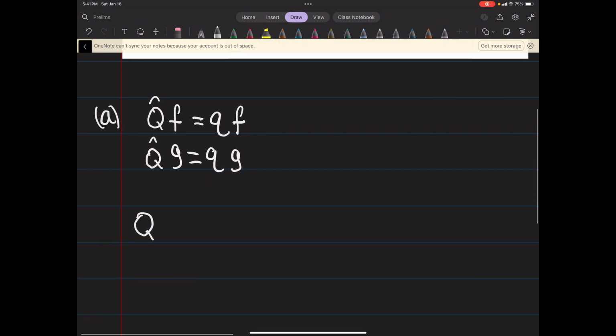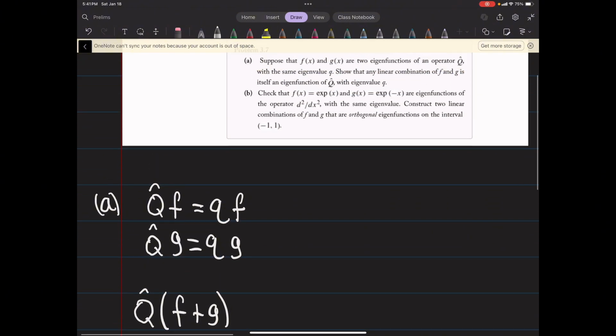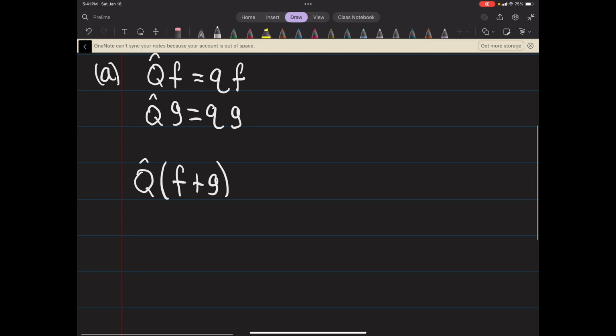So let's consider Q acting on this linear combination of f plus g. In fact, to show that any linear combination would work, let's rewrite this as c1 f plus c2 g. So this is just some linear combination of f and g, where c1 and c2 are constants.